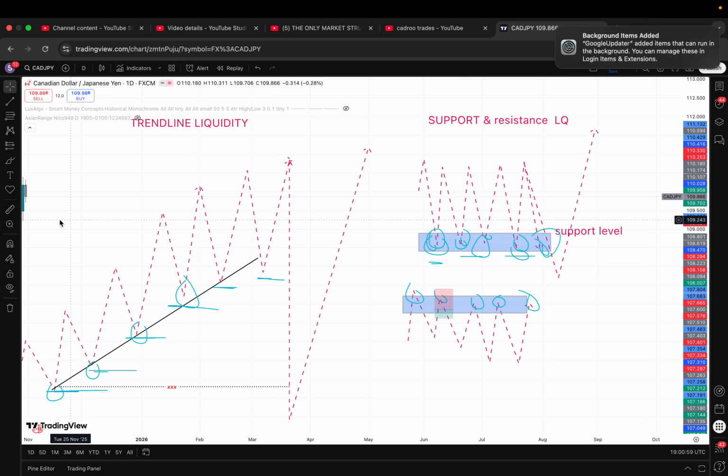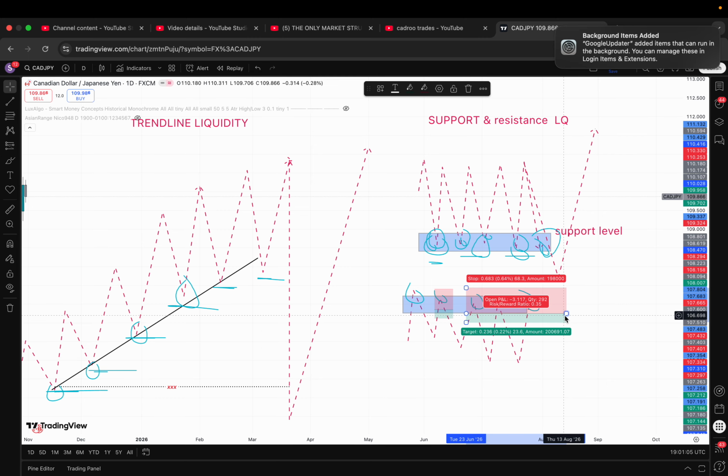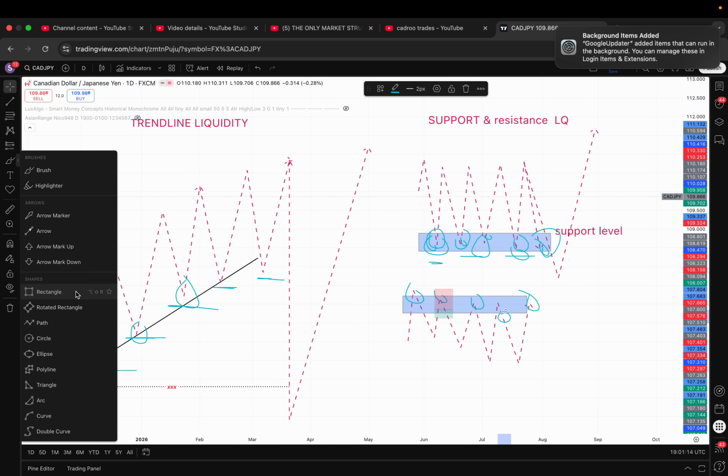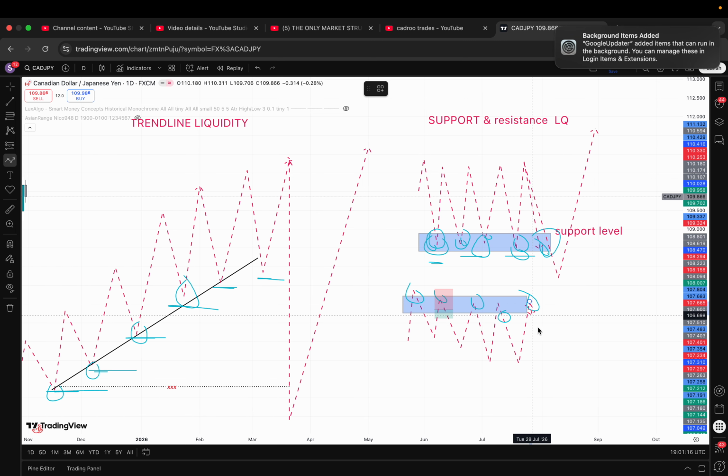The stop loss is above the zone. So basically, this whole area is liquidity, and what always happens is the market comes, takes them out, and then the real move happens.